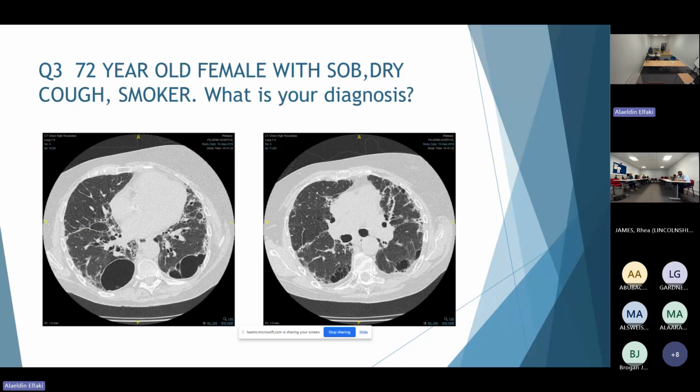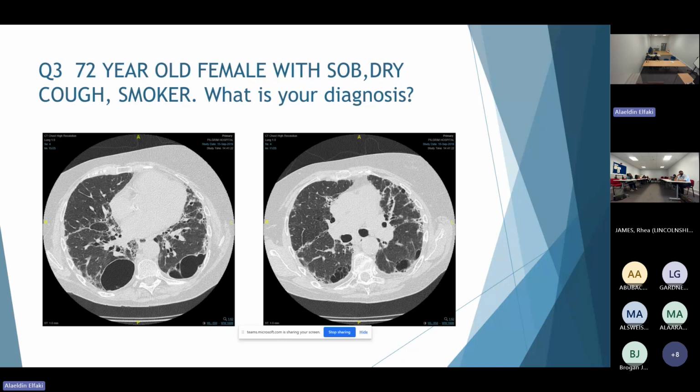A third one: a 72-year-old female with shortness of breath, dry cough, smoker. What is the most likely diagnosis? COPD. Emphysema.